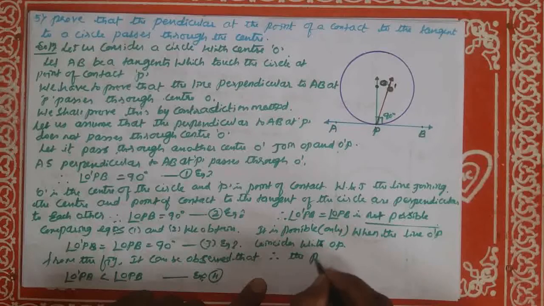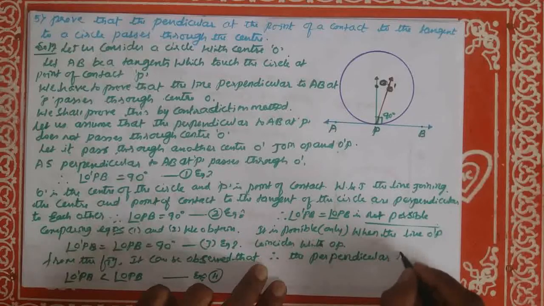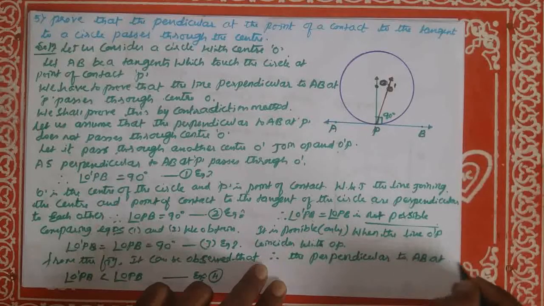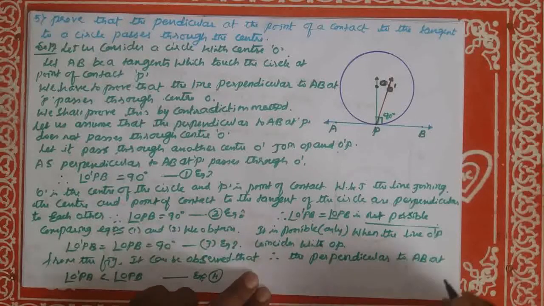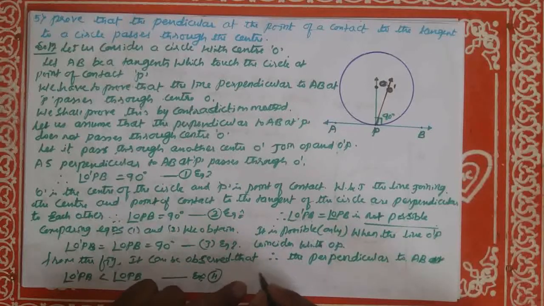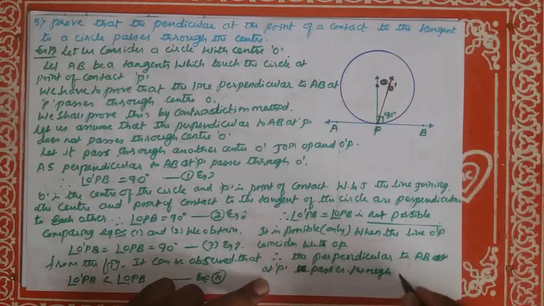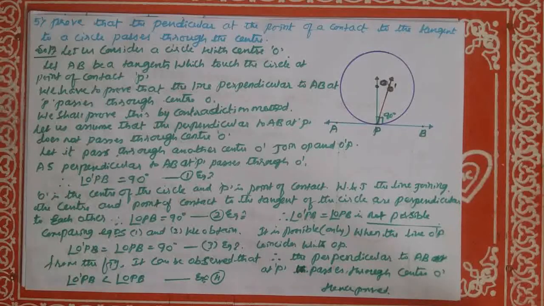Therefore, the perpendicular to AB at the point of contact P passes through P, passes through the center O. Hence proved. This is the right answer.